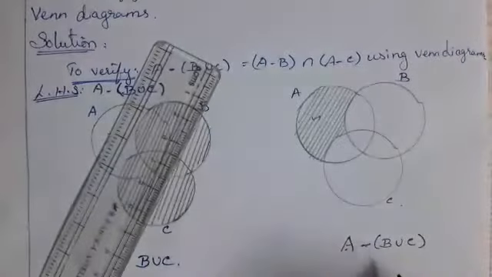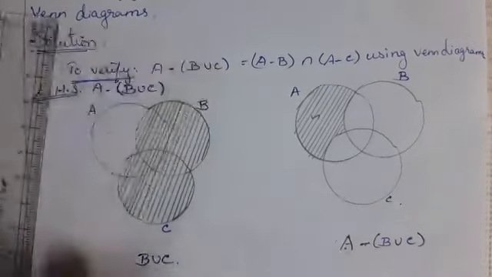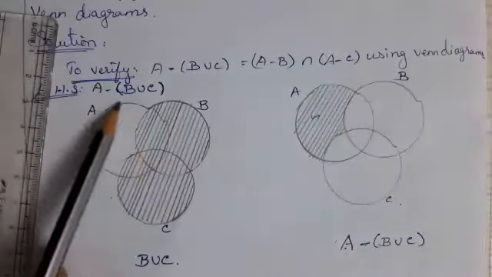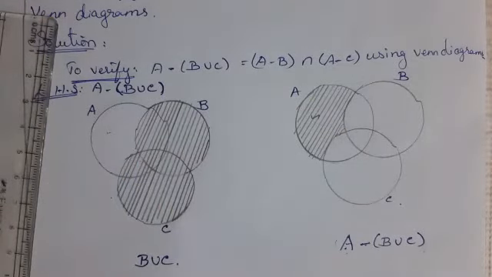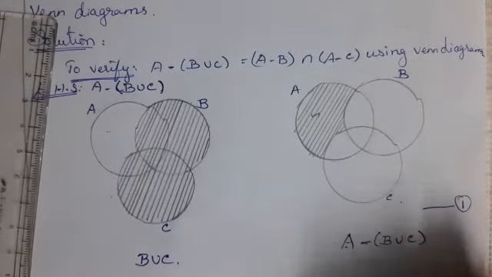Okay, A difference B union C means from the A you subtract B union C. From the A you subtract this diagram. Therefore, the remaining portion is only A. Now, take this as equation 1 because left side is over.